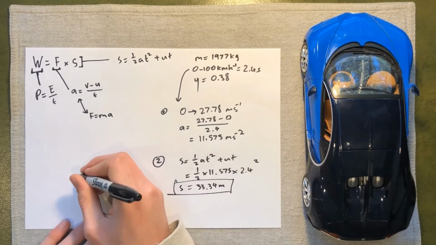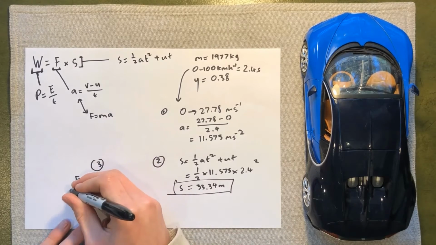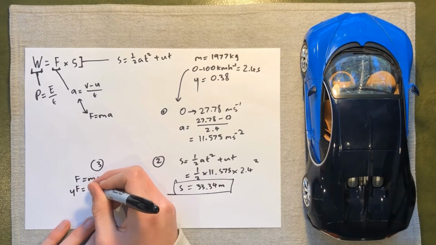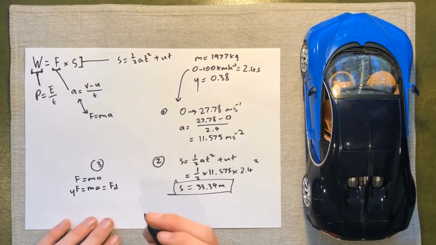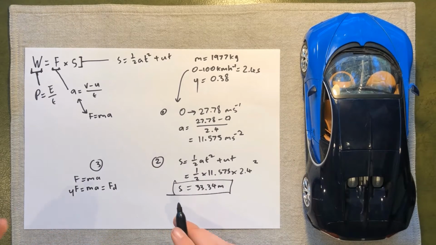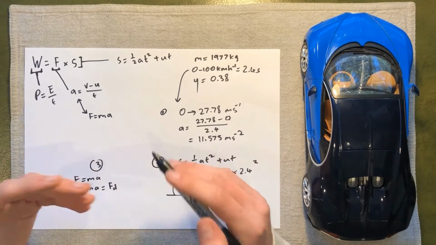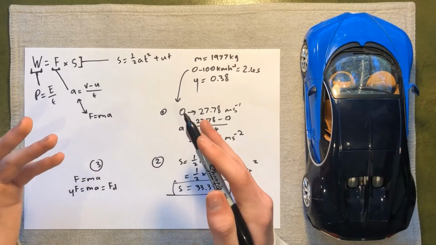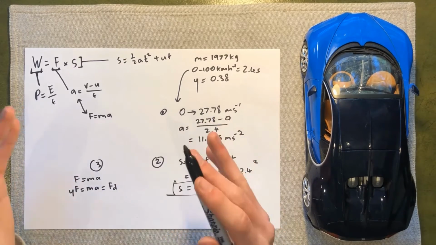So we know force equals ma. I'm going to refine this a bit. We're going to say the coefficient multiplied by the net force equals the driving force. So that means that there is a coefficient taken off all the force that is being provided by the engine. Some of that is being wasted due to the air and the tyres and heat and everything.